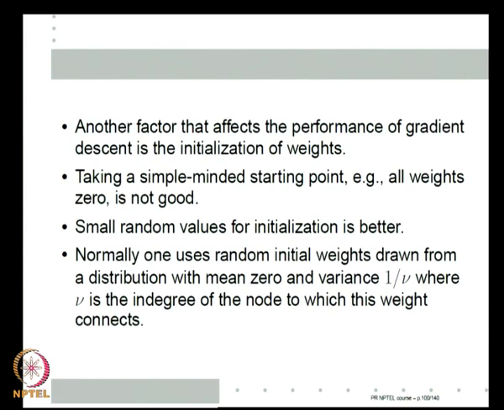So depending on how many weights there are for each node, I use one distribution. This 1 by nu variance is once again just a guidance. For example, I can decide on the range of weights and think of them as uniform from minus a to a, where a depends on the in degree. But basically the idea is that for nodes that have a large number of weights, I do not want too much variation.